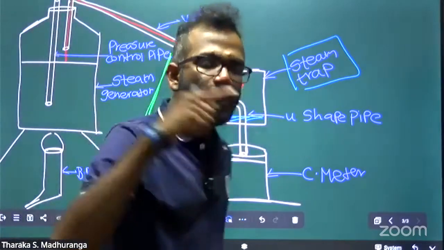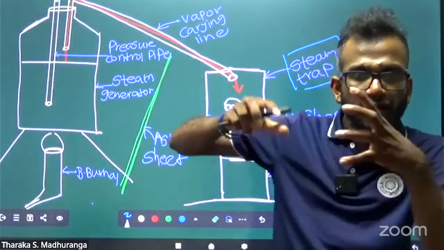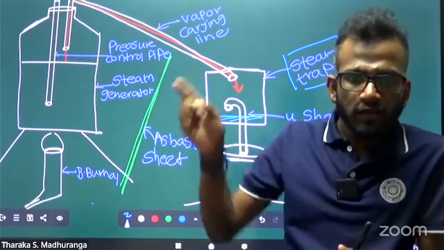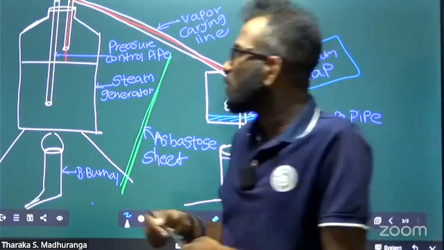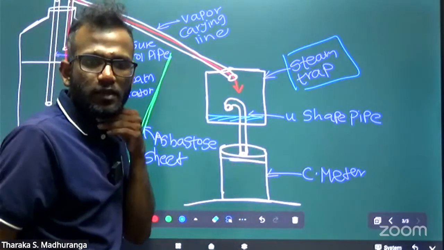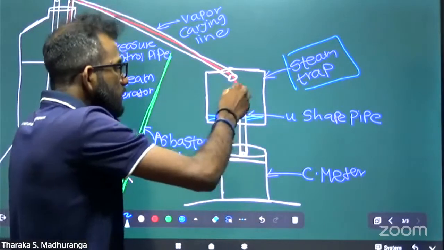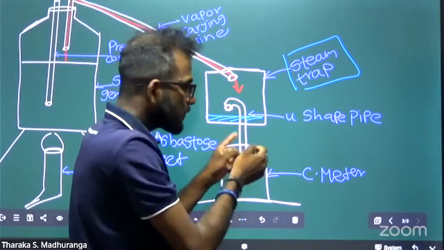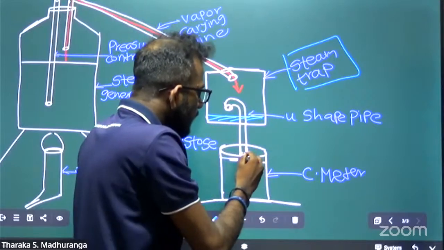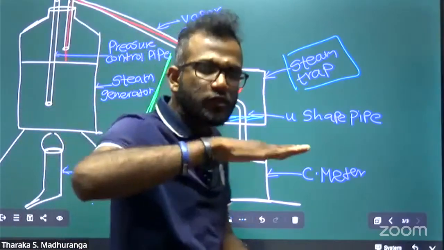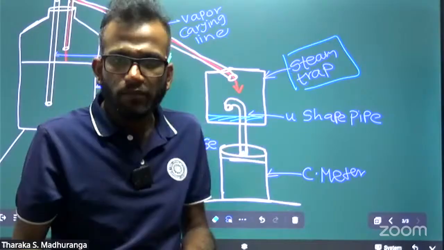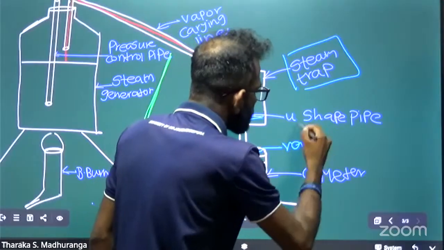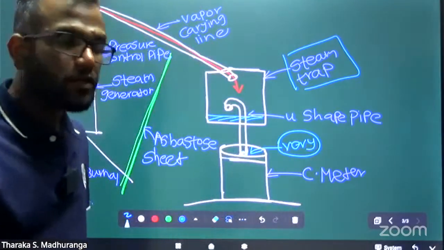Okay, what is the function of this steam trap? Collect the condensed water, and only vapor goes through, separated and provided into the water. Now the end of this pipe, the U-shaped pipe, the below end, we need to place very close to the calorimeter water surface.